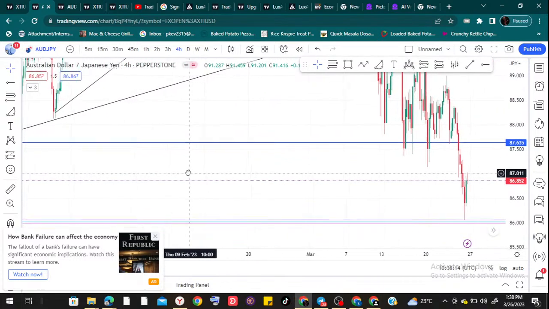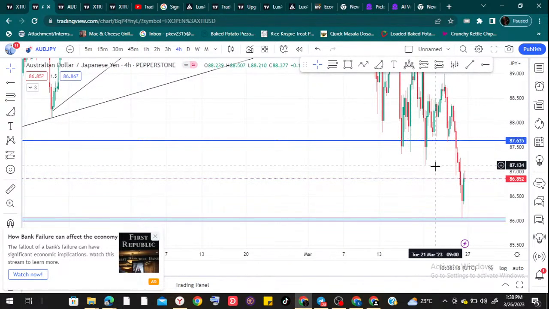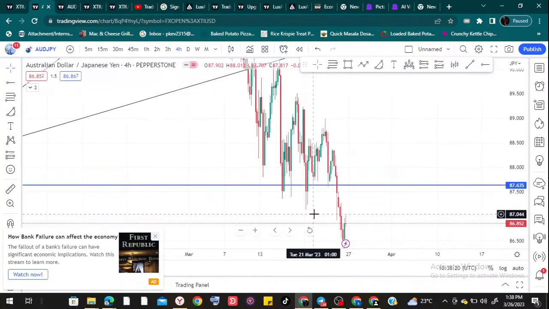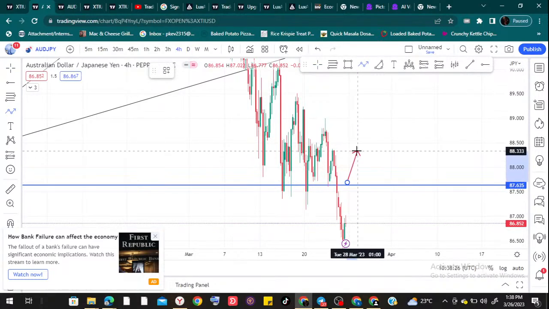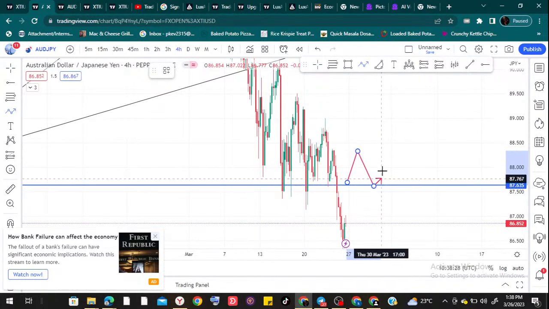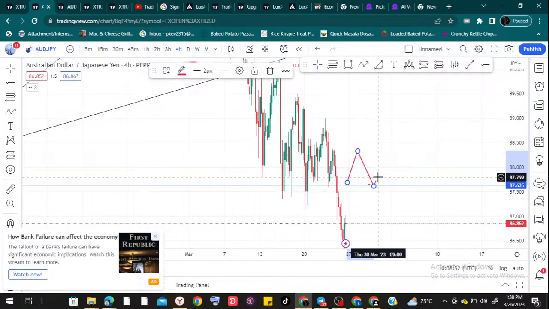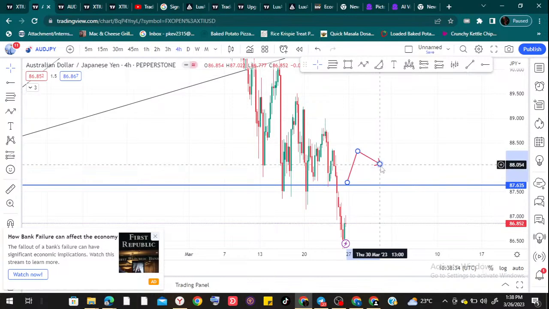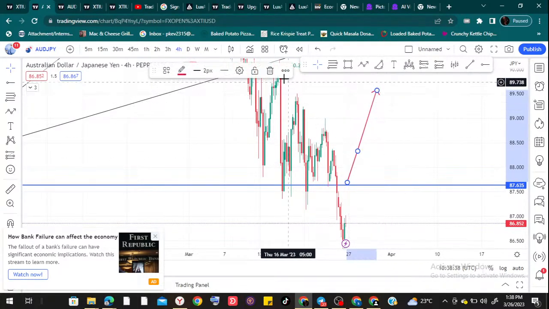Yeah, 87,600. If the market had come to this point and then we saw some sort of resistance, it came down to this zone and then we saw this sort of movement, then we would have expected it to move to the upside, right?